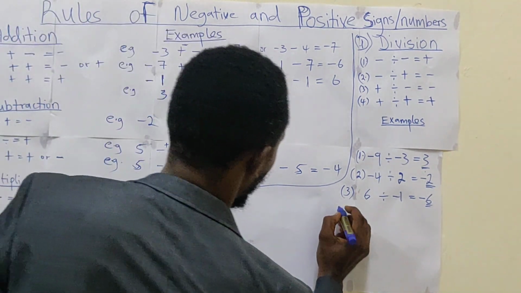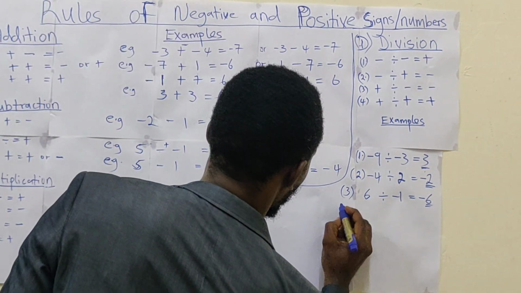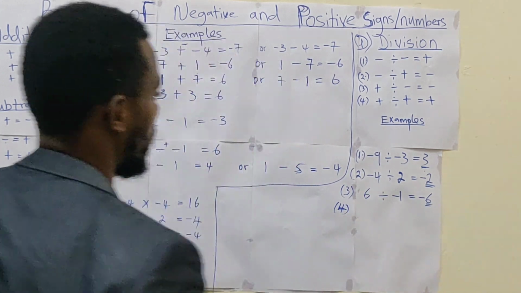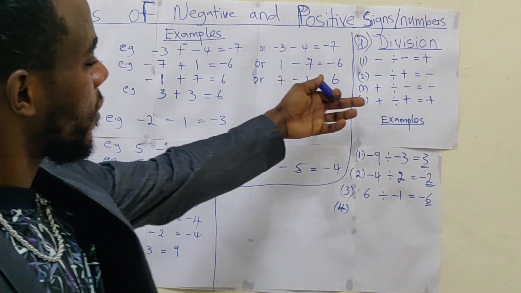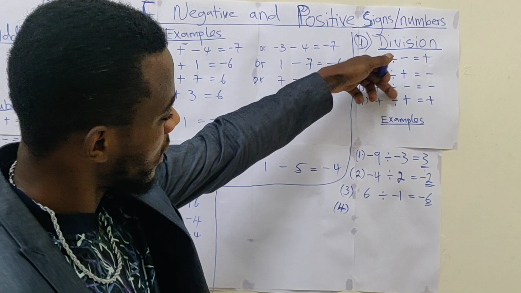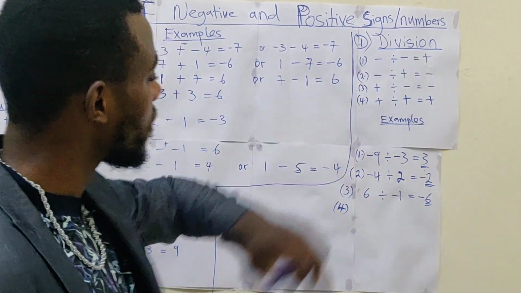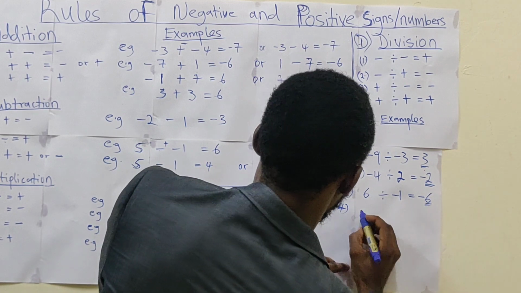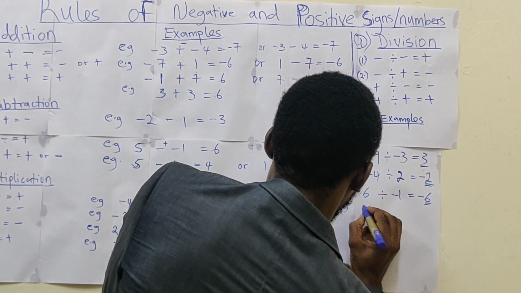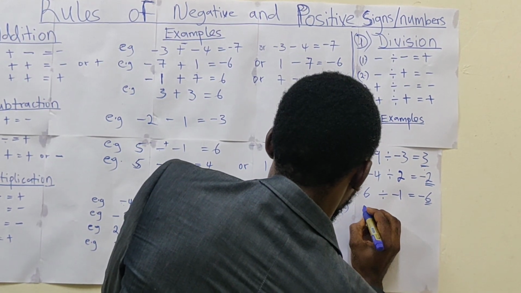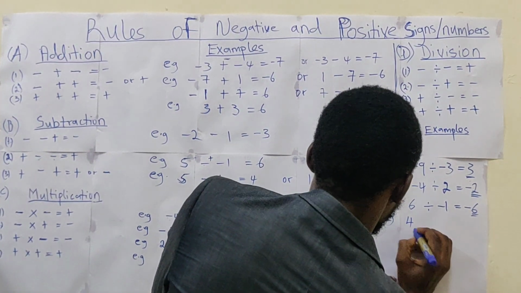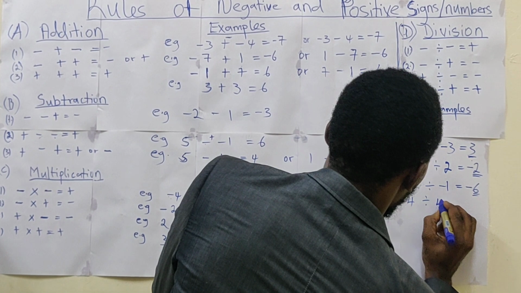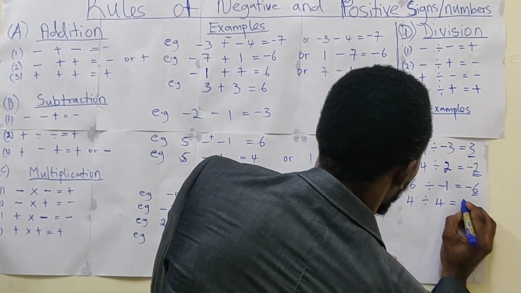Lastly, this one is just simply when a positive number is dividing a positive number, it is positive. So let's just say 4 divided by 4, which is 1.